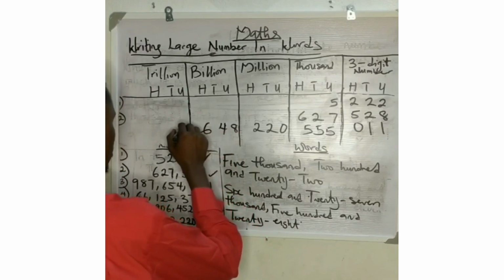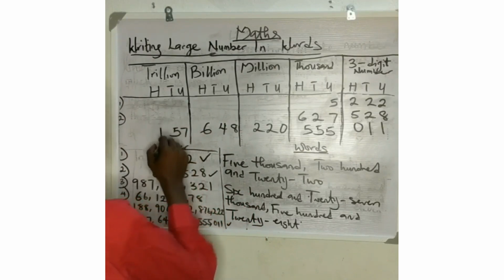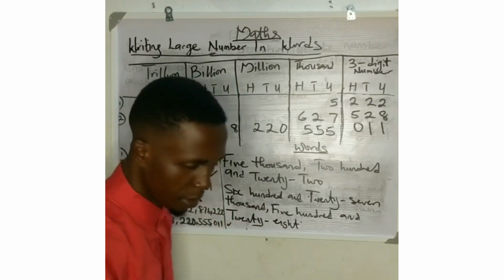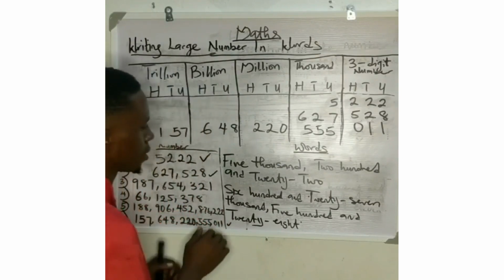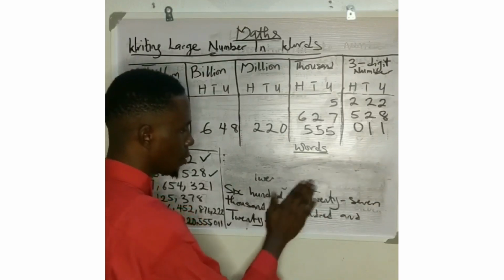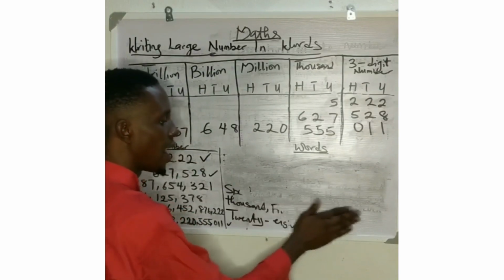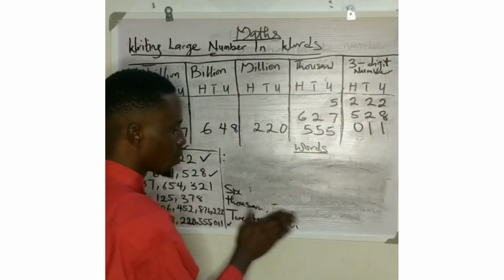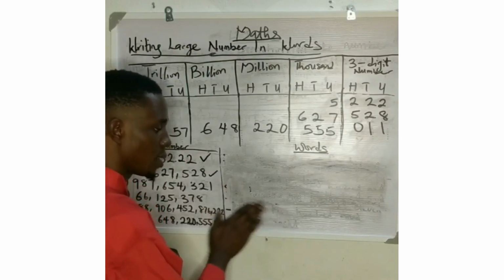And we have 7, 5, and 1. So now from here you discover that this is equally easy to write. Now let's just have a little space on the board so that we can proceed. This number is a bit complex and challenging. That is why I said this is solving mathematics with ease.